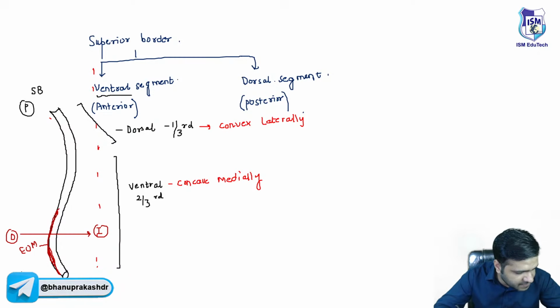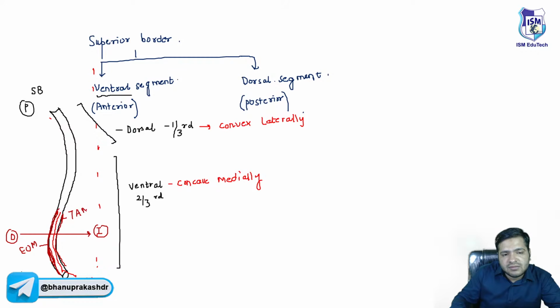Inner to the external oblique muscle, we have another muscle, that is called the internal oblique muscle. And below it, we have another muscle, the transverse abdominis muscle.